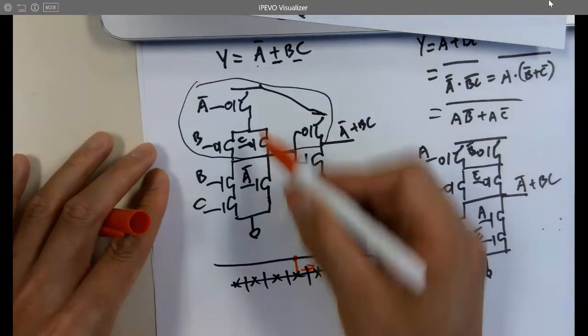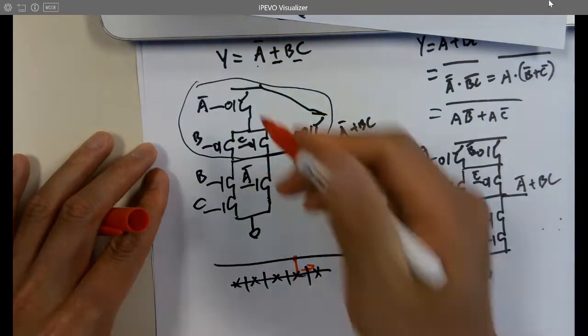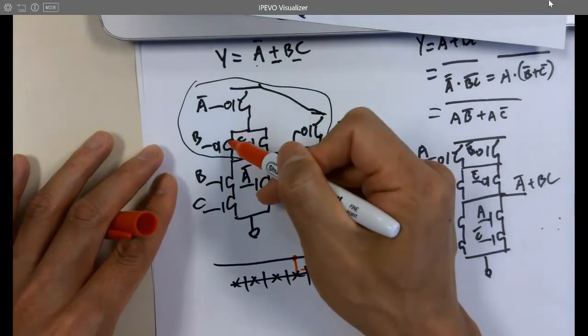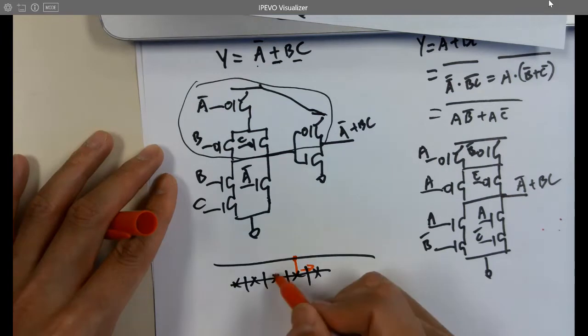And could you do this structure here? So 1 and 2, 1 with 2 in parallel. Could you do that? Yeah. How? Just put the first and third ones together.